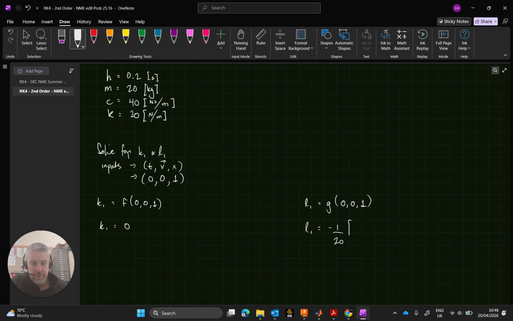1 over 20 multiplied by c, which is 40, multiplied by v, which is 0, plus k, which is 20, spring constant k, nothing to do with the slope, multiplied by x, which is 1.